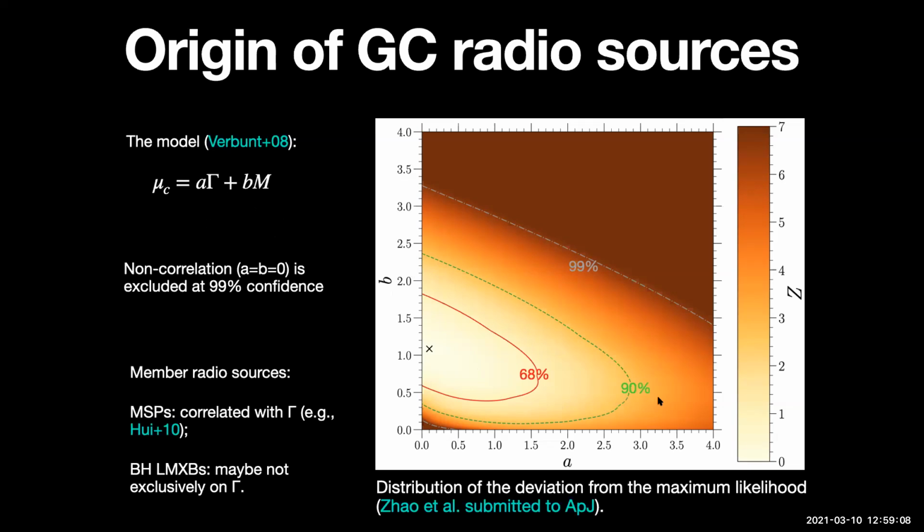It's a very interesting study, and with more time and more investigation, hopefully we can put tighter constraints on the parameter space in future study if we get more member radio sources identified as black hole low mass X-ray binaries or millisecond pulsars.